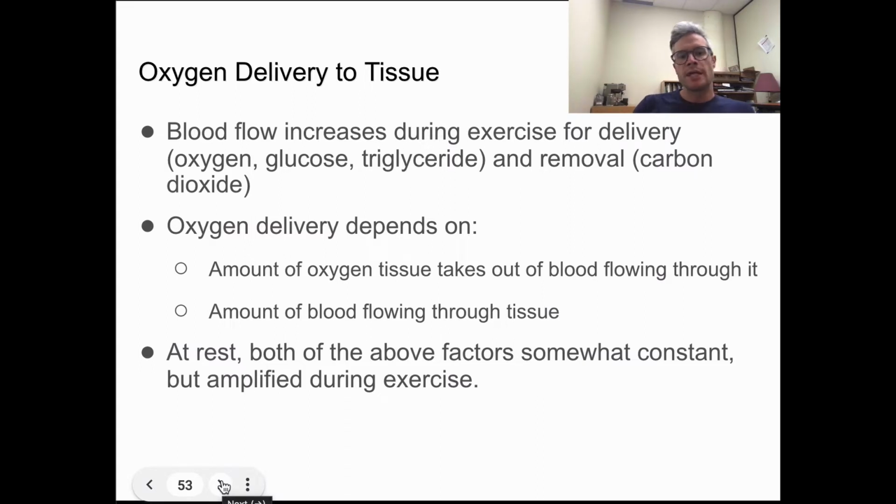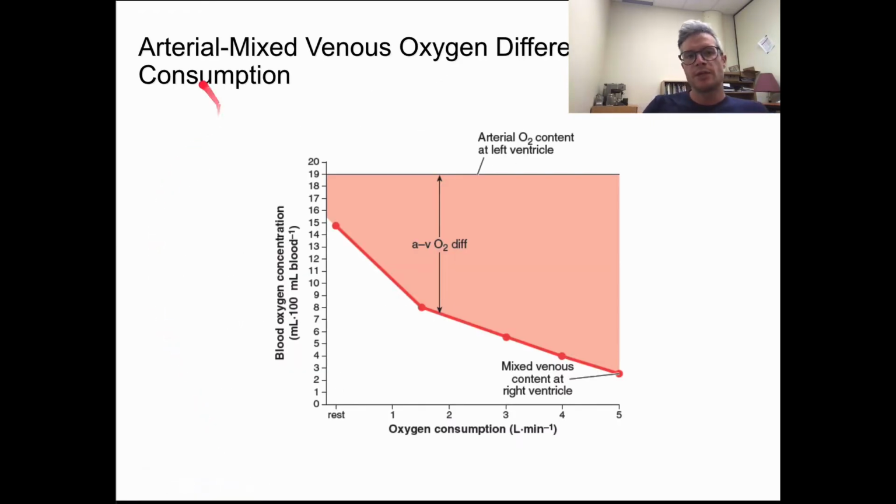So what we get is this concept, and we'll start with a diagram, talk about it, and then come back to it: the arterial mixed venous oxygen difference. It's a bit of a mouthful, but hang tight. And oxygen consumption. In the bottom component of our graph, we see oxygen consumption in liters per minute.